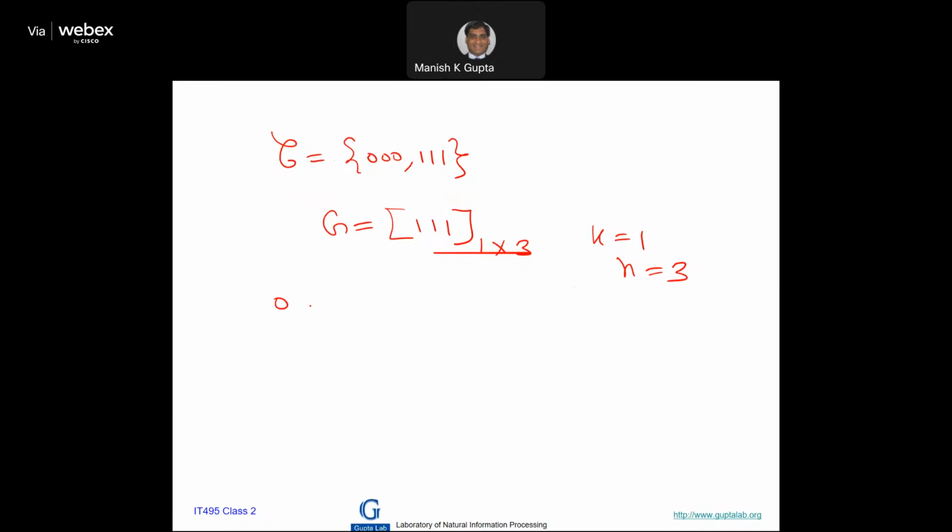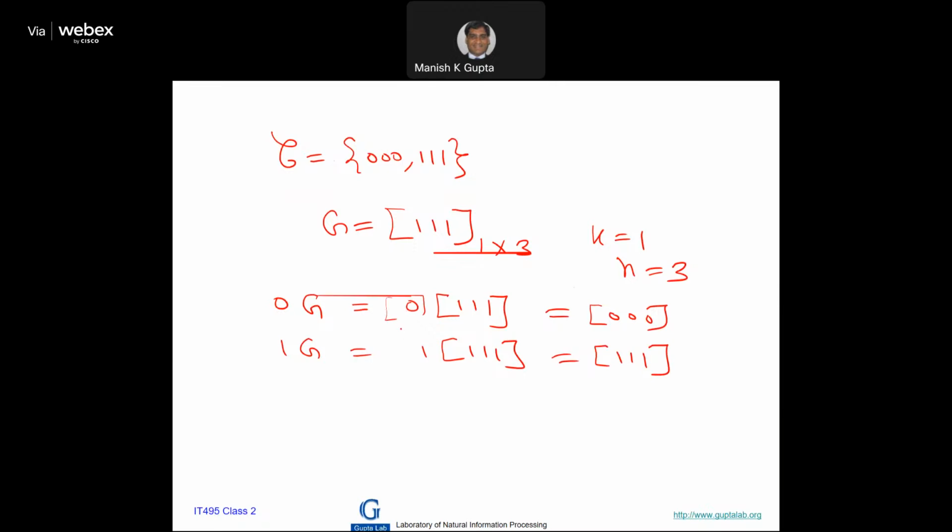If I want to encode 0, I will multiply with G. 0 times 1, 1, 1 will give us 0, 0, 0. And 1 times G is nothing but 1 times 1, 1, 1, which will give us 1, 1, 1. So you see, this is 1 cross 1, and this is 1 cross 3, so you will get 1 cross 3.